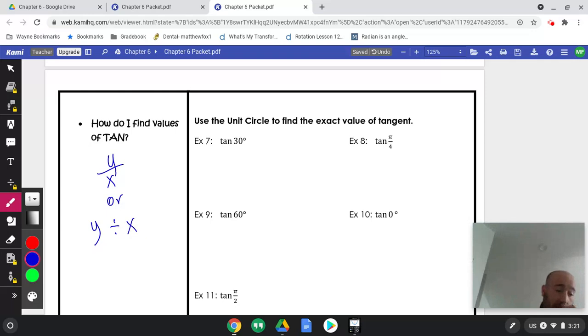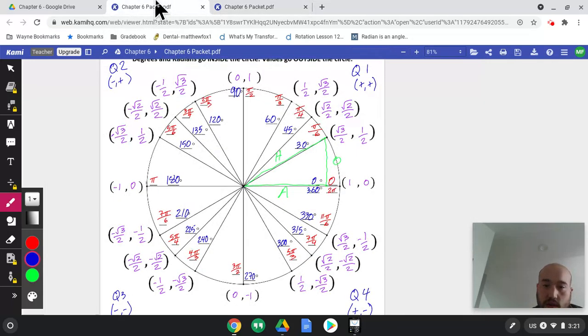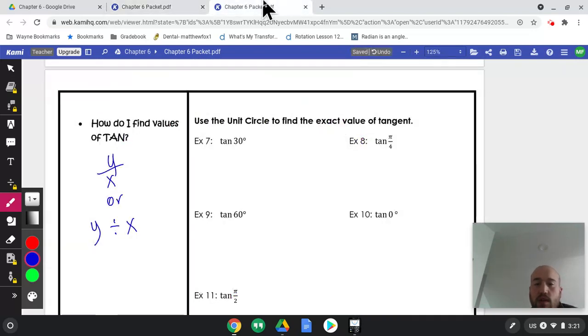If we look at this first one, it says the tangent of 30 degrees. So for 30 degrees, we come here, y is 1/2, and x is square root of 3 over 2. So tangent of 30 degrees is the same as 1/2 divided by square root of 3 over 2.